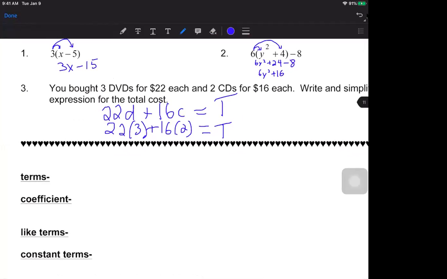The proper definition for a term is parts of an expression that can be added together. Perfect. Just even parts of an expression. Let's just keep it like that. So terms, you can just think parts of an expression.